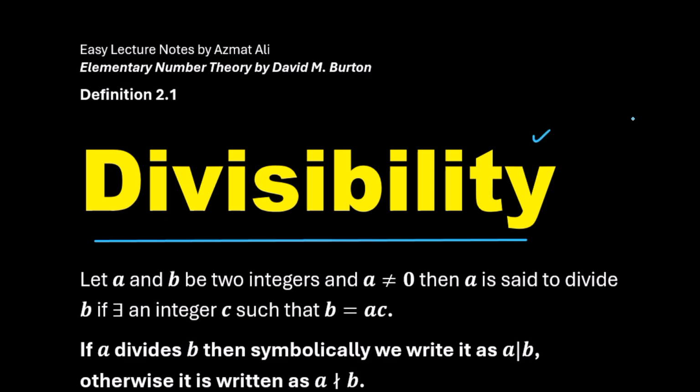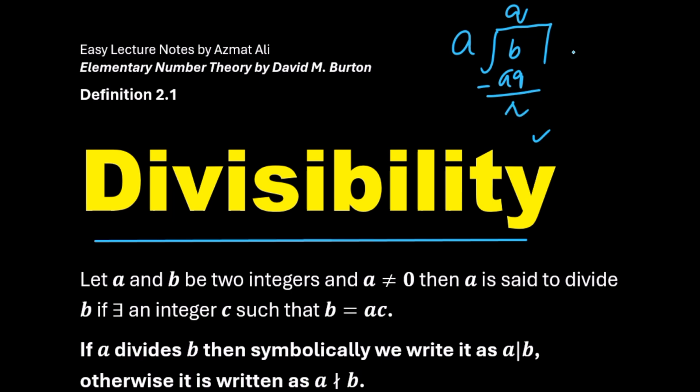In the last lectures, we discussed the division algorithm, which can be defined as: if you divide an integer b by a non-zero integer a, then there exists a unique quotient q such that we have a remainder r.